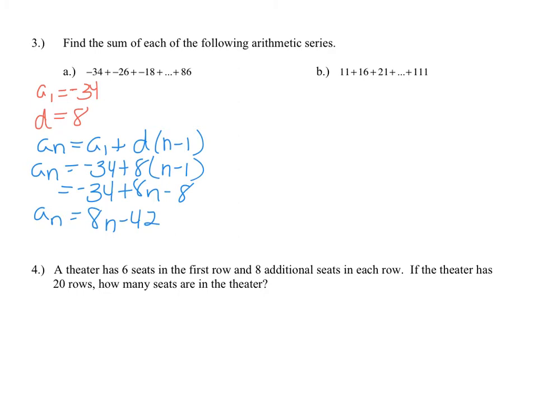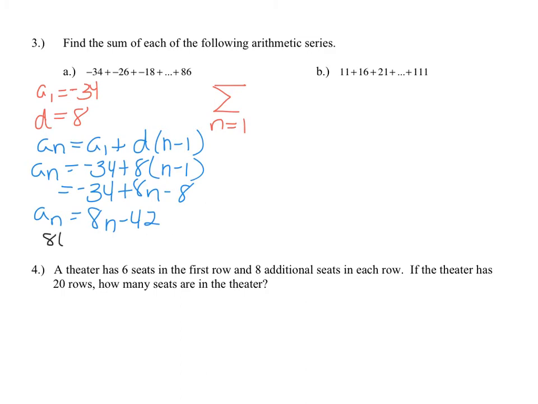So now we're going to actually write the summation. The summation is, starting at the first term, all right, here's my other problem I have with this one. I don't know what the last term is. I have the last term, it's 86, but I don't know which term it is. So I have a little bit more figuring out to do. Let's do that down here. The last term we have is 86.